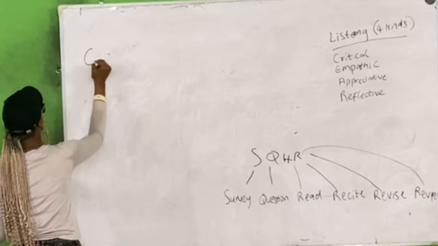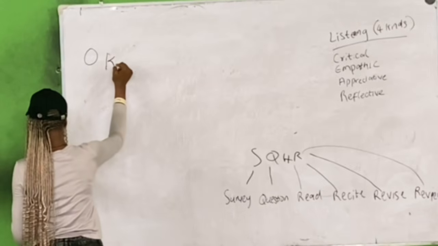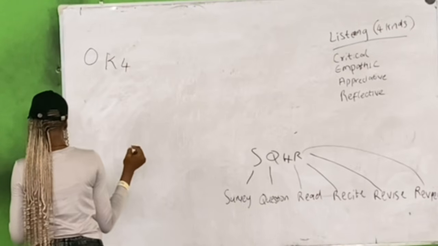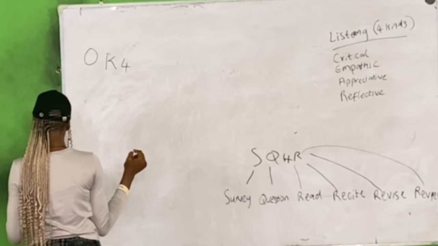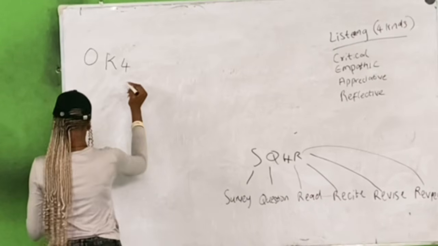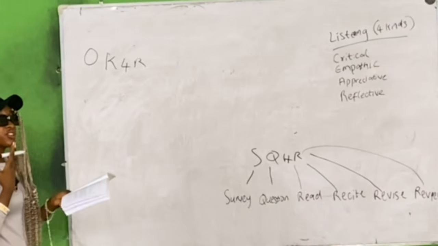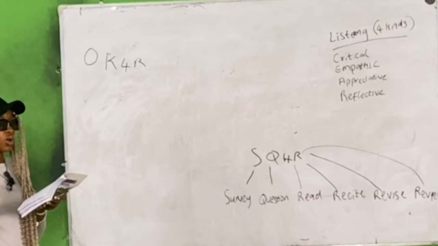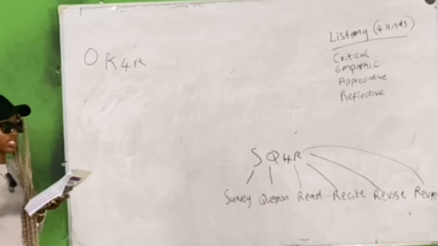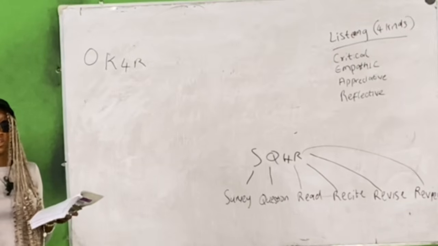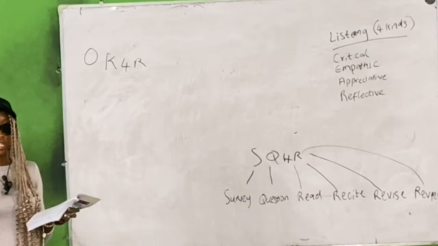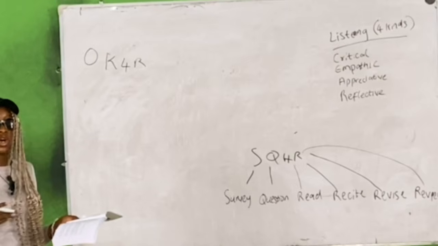So we have another one. These things are called different approaches in reading, or different strategies in reading, so the question can come in any way.